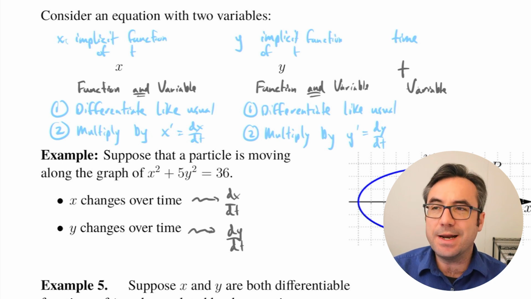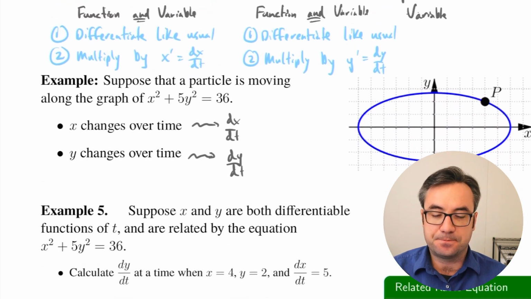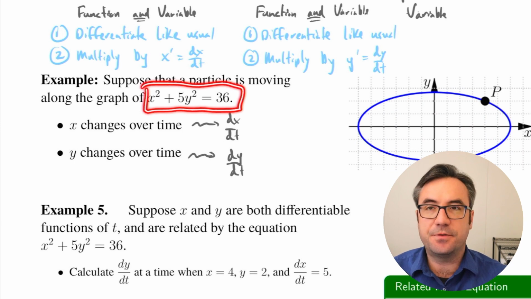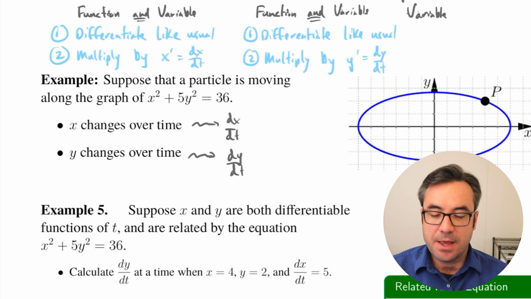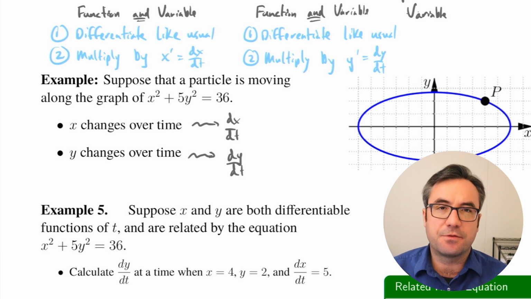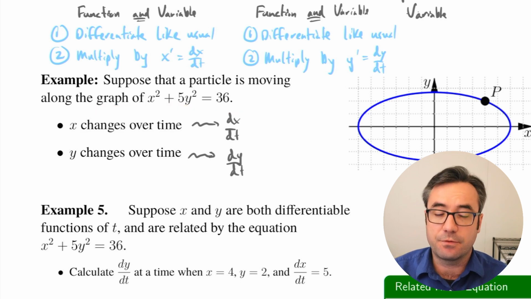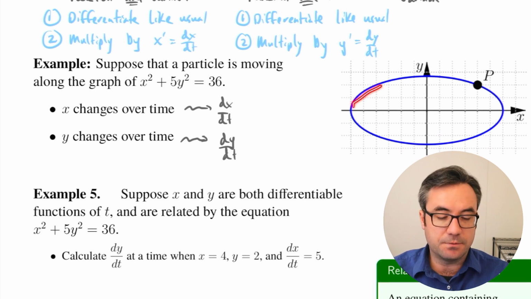The way to picture what's going on here is that our equation is sort of the geometry. You almost want to picture the situation of a related rates problem as a particle that's moving along the graph of the curve. Here's our curve all graphed out.